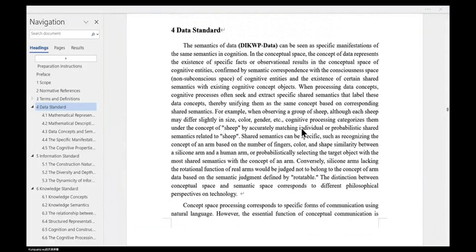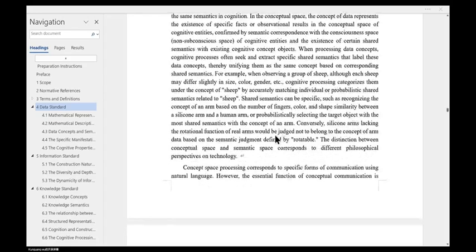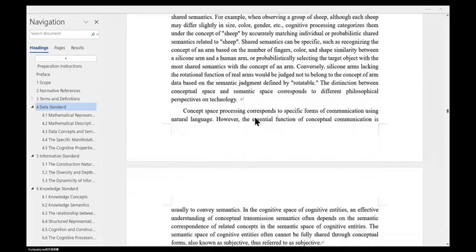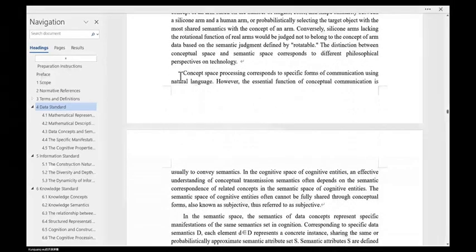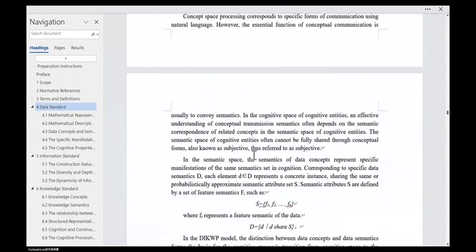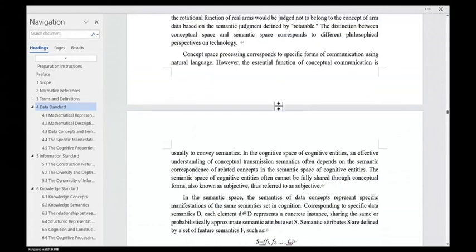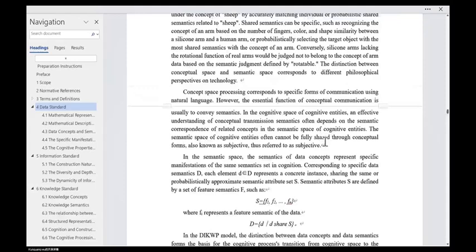If anyone has no question, the second paragraph begins from conceptual space processing to thus referred to as subjective. So anyone have questions?